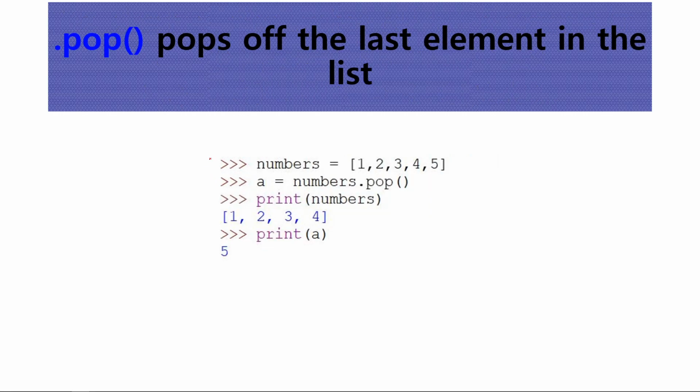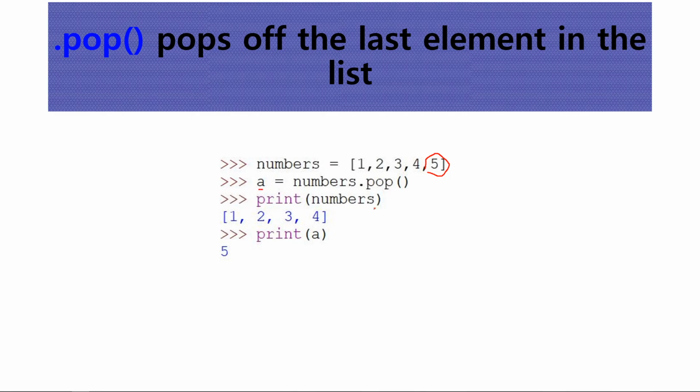The next method we'll look at is called pop. As the name suggests, it's basically to pop off the last element inside a list. So if I say a is equal to numbers dot pop, it will take numbers, pop off the last element, and store it in the variable called a.